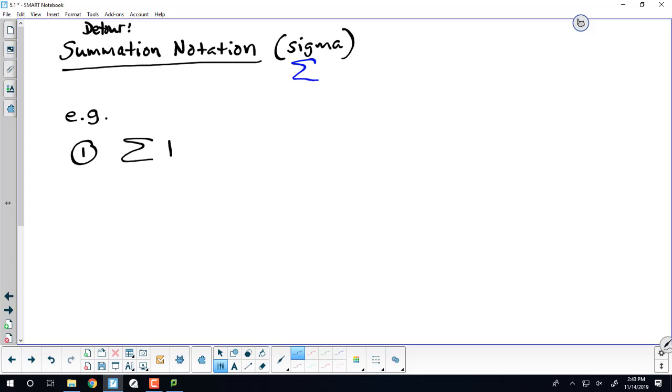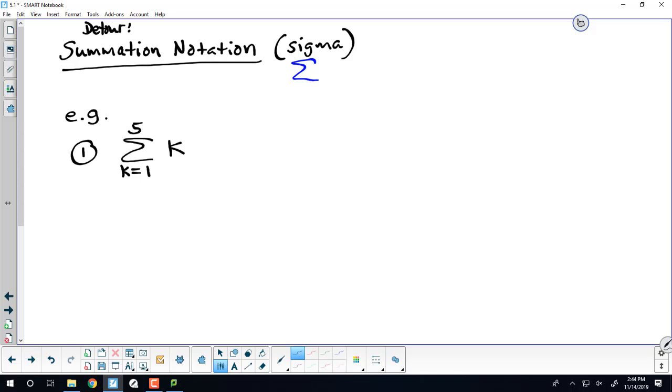So if I said I want to sum k, I have a lower bound or a starting index. So I'll say sum k from k equals 1 to k equals 5. And so that's your starting value on bottom, the ending value of k on top.